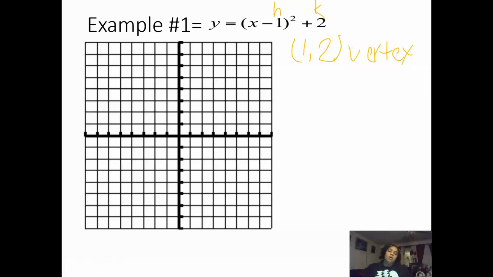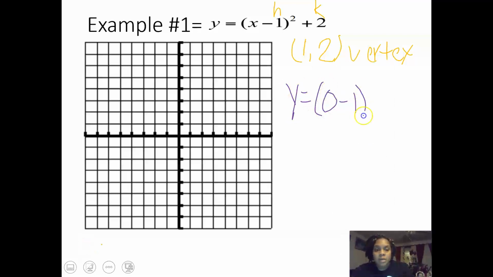Now, we need to find another point. So another point, like I said, just take 0 and plug it in for x in the equation. So y equals 0 minus 1 squared plus 2.